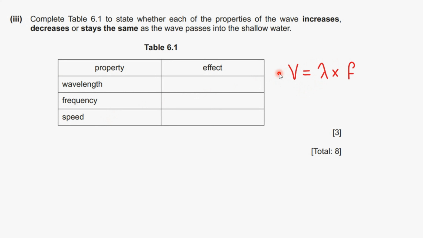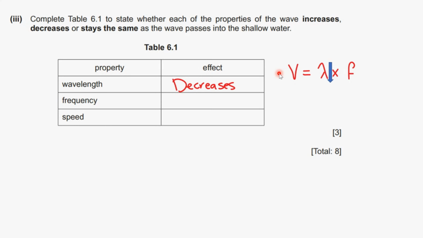And you remember the previous diagram, what happened? The waves become close to each other in the shallow water. It means the spaces between the waves, or crests or wavefronts, become slightly less than the incident waves. It means the wavelength decreases. So this is the first point, and we are sure about this.